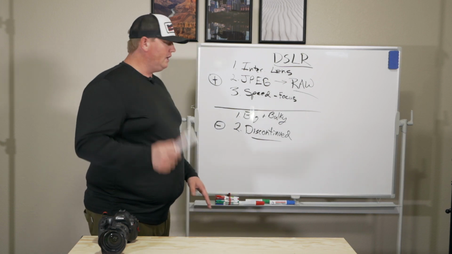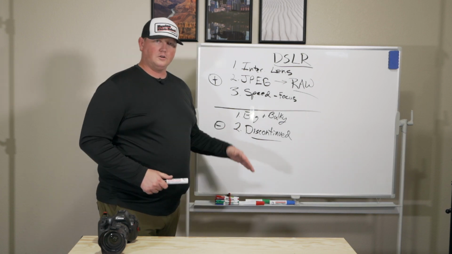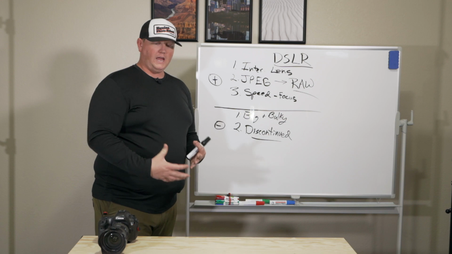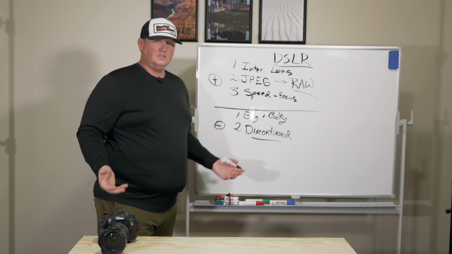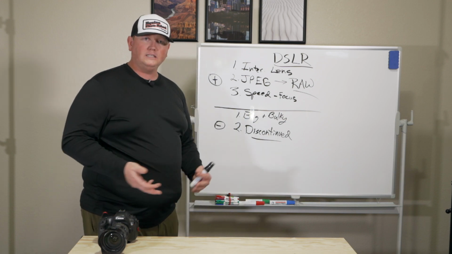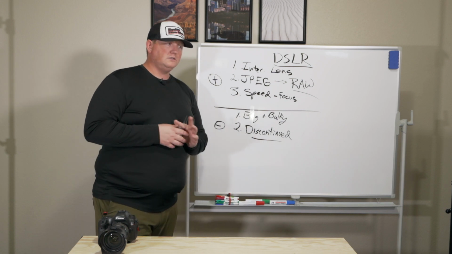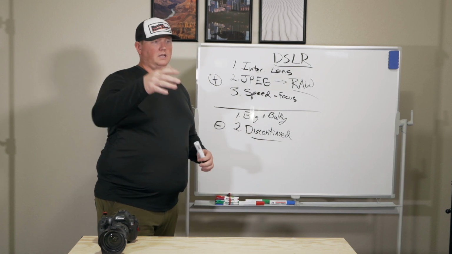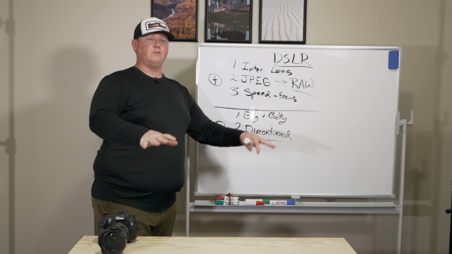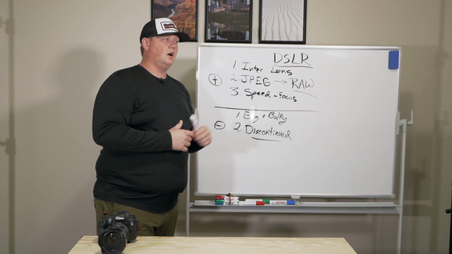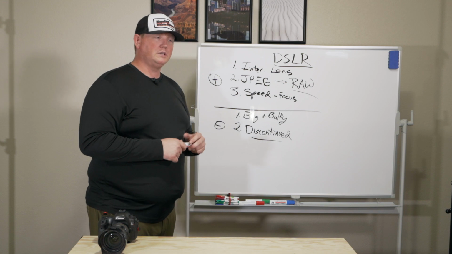If you are a DSLR shooter now and you already have this gear and it's still working fine, you have a bunch of lenses, you can pick up some bodies that are cheap. A lot of people are saying, oh, this is discontinued, so I have to get rid of my stuff right away and upgrade to the latest mirrorless camera.